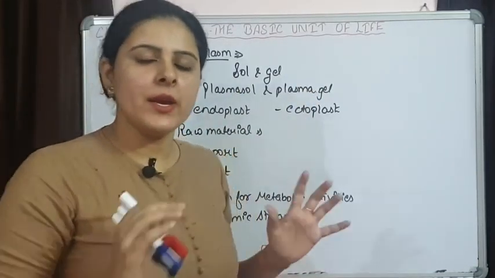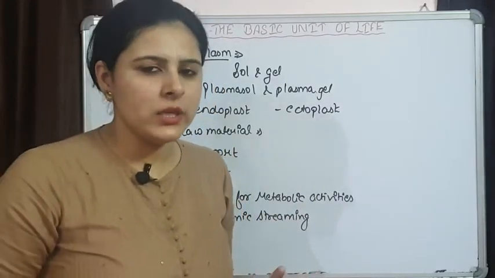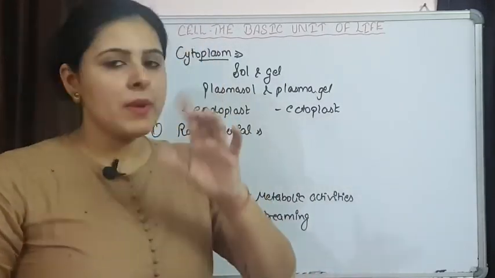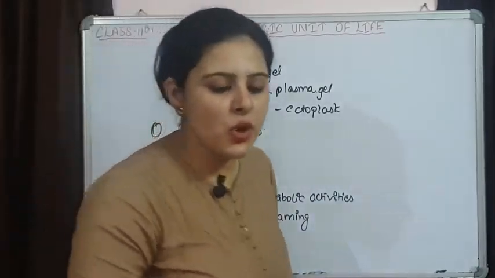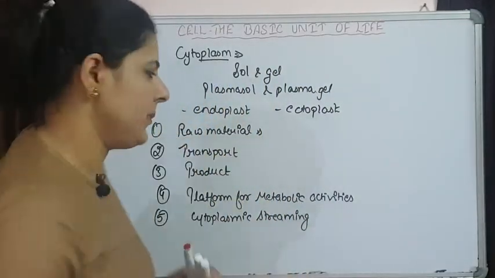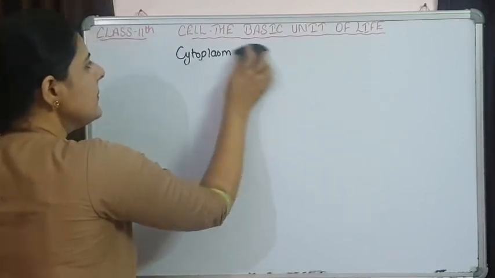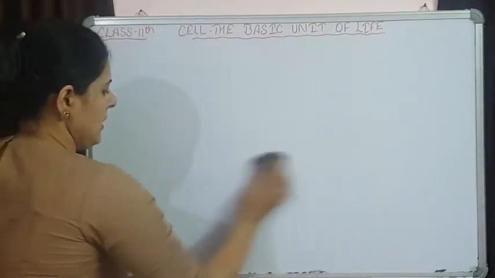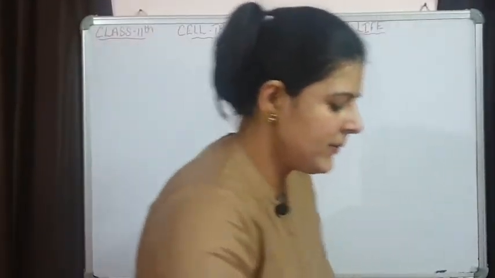Some are double membrane-bound organelles, some are single membrane-bound organelles. So we are going to discuss the membrane-bound organelles present in the cytoplasm, and the first organelle which we are going to discuss is the endoplasmic reticulum. We have all heard about the endoplasmic reticulum. This is a three-dimensional organelle that has a complex structure.